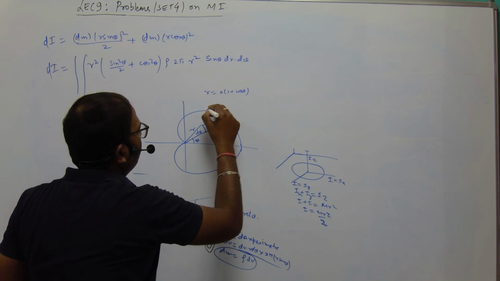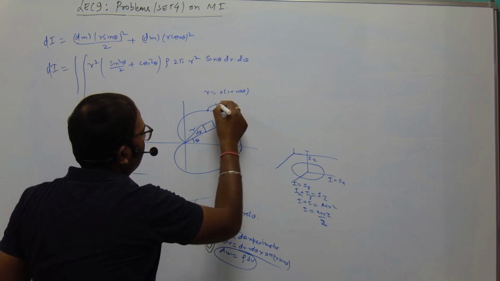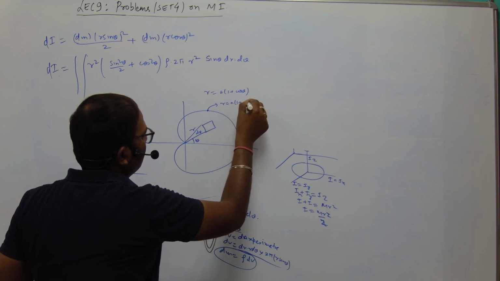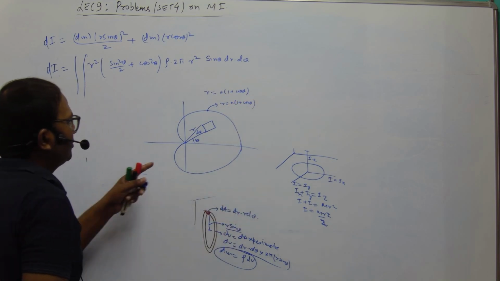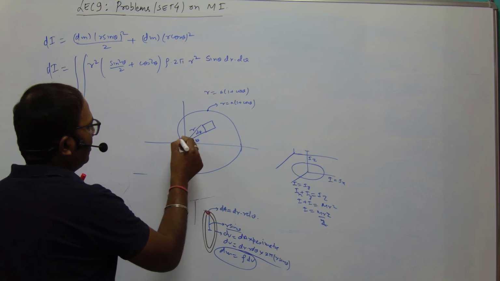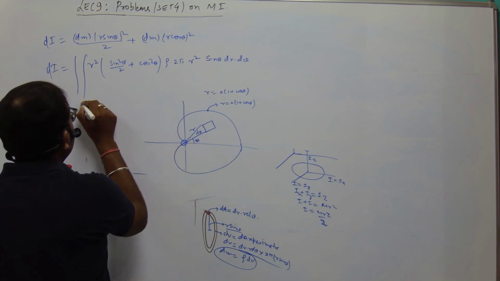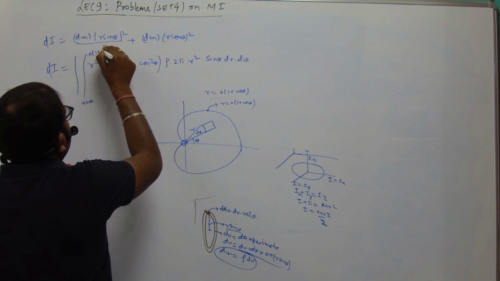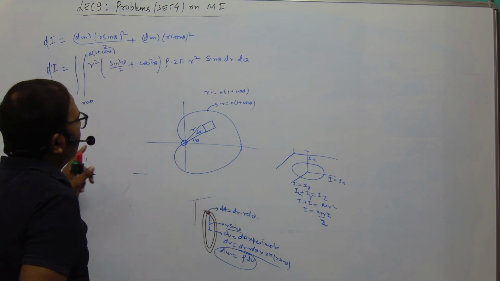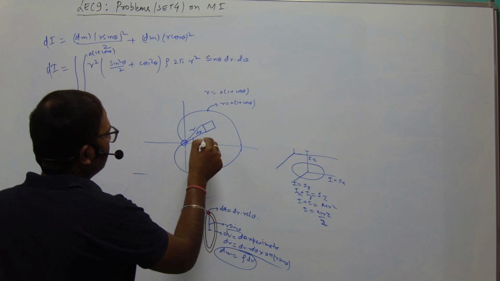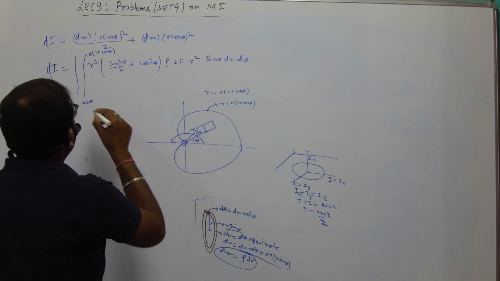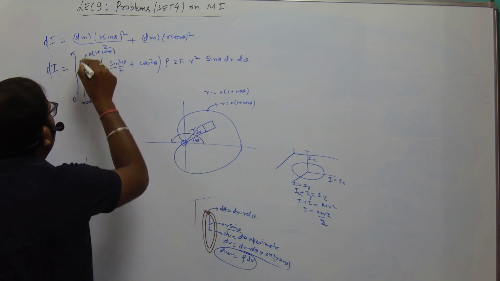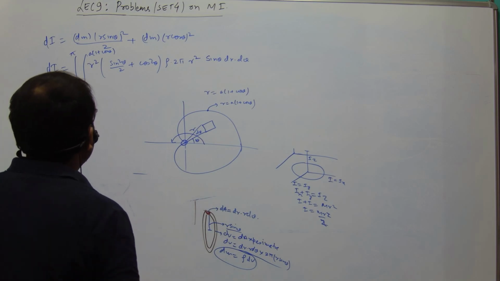At the pole, the value of r is 0. So r varies from 0 to a(1 plus cos theta), and the value of theta varies from 0 to pi. Okay, so let us do the integration and solve this.